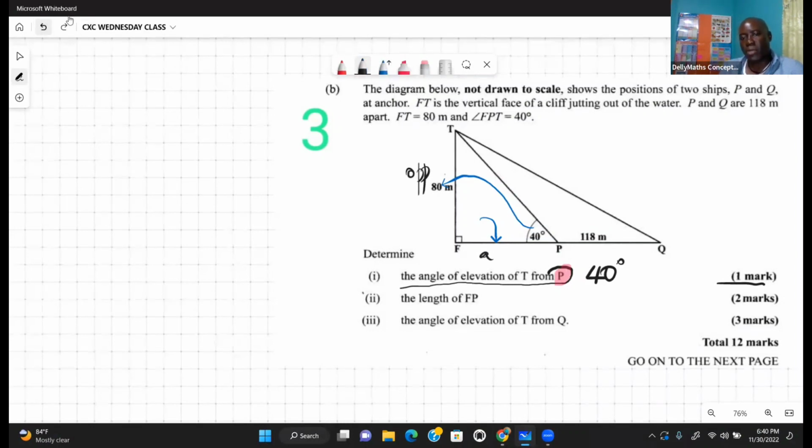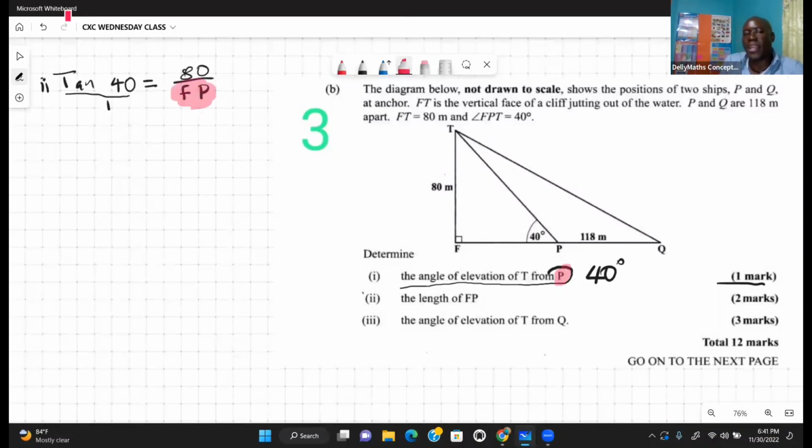Opposite and adjacent, somebody will say tangent. Yeah, so it's tangent again. Let's go for that. This is number 2: the tangent of 40 degrees is equal to opposite, which is 80, divided by the adjacent, which is FP that they asked for. I can now set this up over 1. The intention is to have FP by itself.